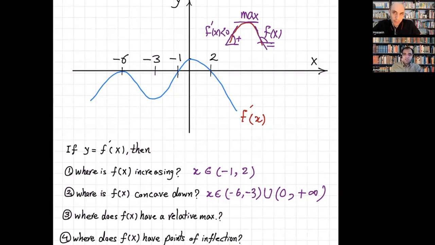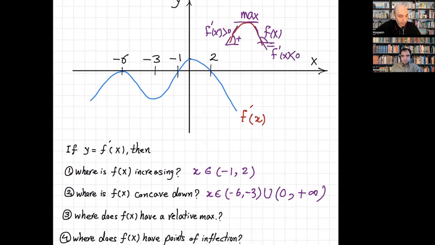So f prime of x is positive. You wrote negative, I mean. Oh, sorry. Yep. Thanks for pointing that out. So f prime of x is positive before the maximum, and f prime of x is negative after the maximum.